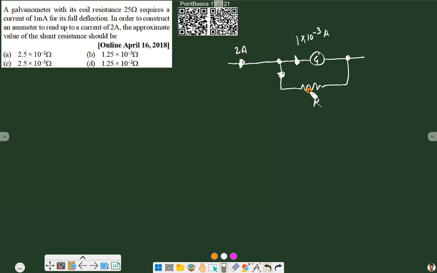Potential across resistance is the current flowing through it into resistance. Current flowing through the resistance is 2 minus 1 milliampere, multiplied by its value, that is R, and potential across galvanometer is current across it into its resistance, so 1 into 10 raised to power minus 3 into 25.